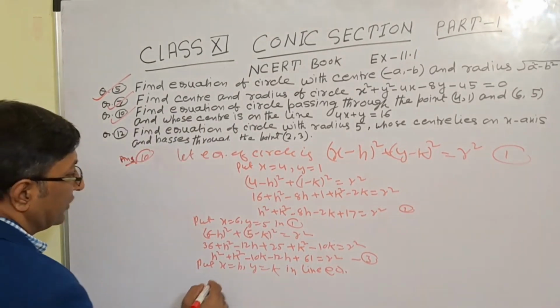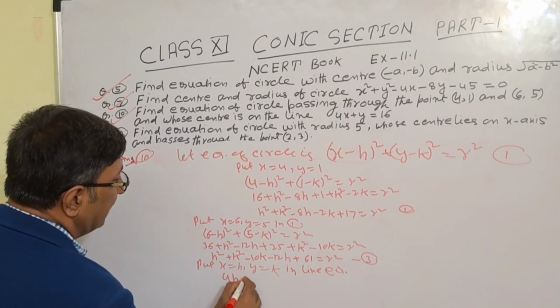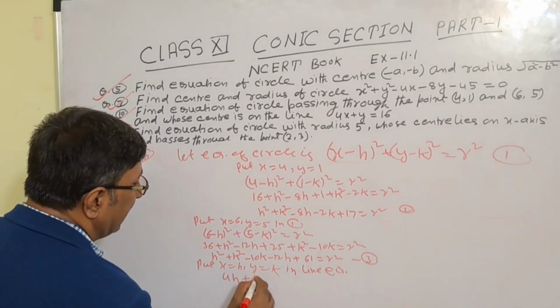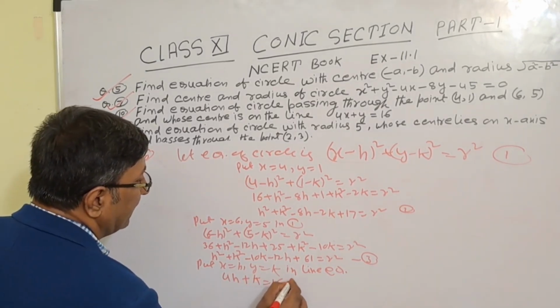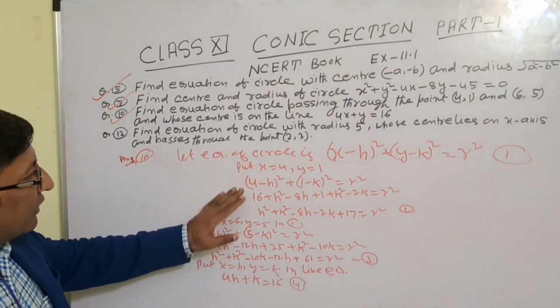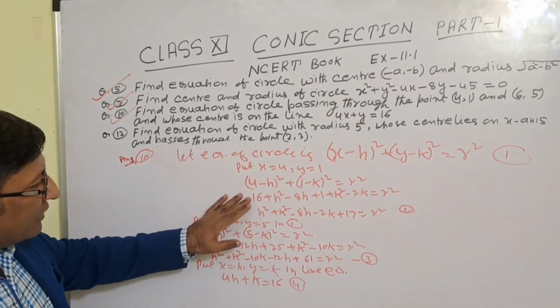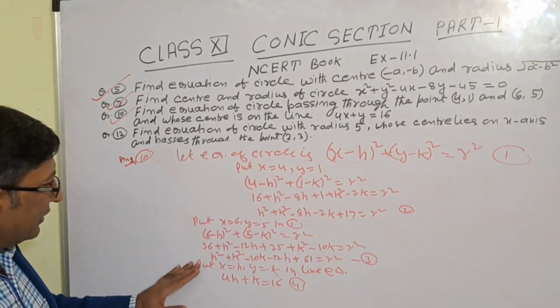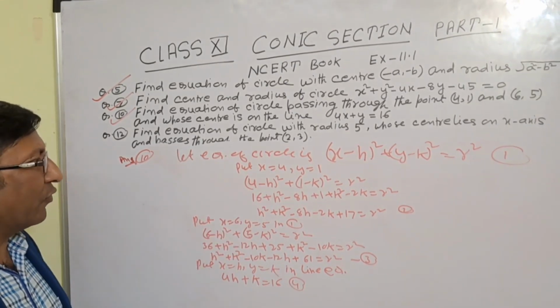So 4x means 4h plus y means k, and this equals 16. This is equation number 4. So we got this is the first equation, this is the second equation, this is the third equation, this is the fourth equation.